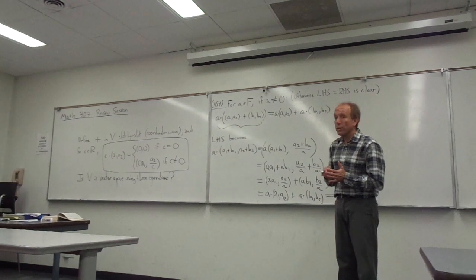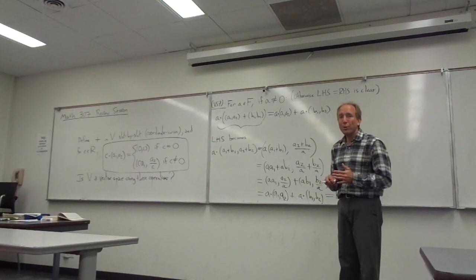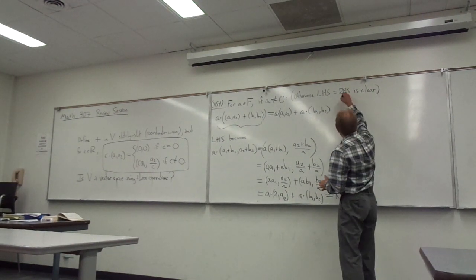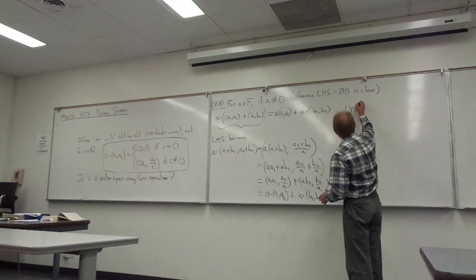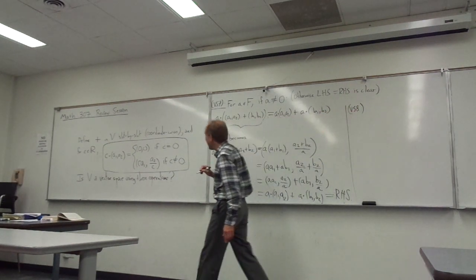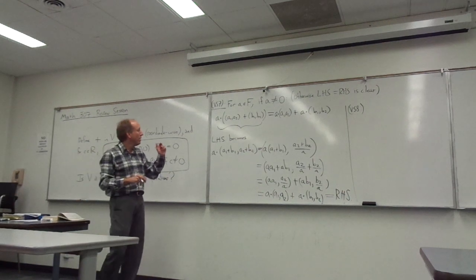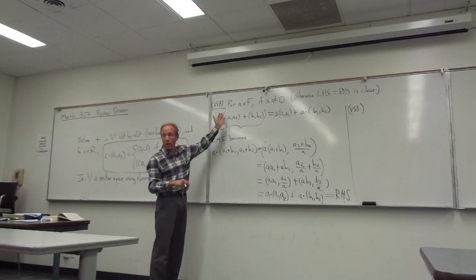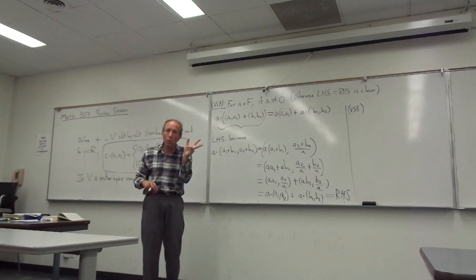So does it look like it's going to work? Don't think so? Okay, I have some people who are suspicious of the last axiom. Let's look at it. It's the same kind of distributive law, except there are two scalars and one vector.